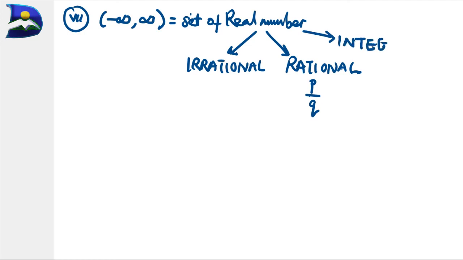For irrational numbers, we can't express them as P over Q. Examples of this include the following: we have pi, we have e, and any square root of a number, like the square root of 2, that won't give you an integer but will give you a decimal. Anyways, those are many things to keep in mind when it comes to irrational numbers and how they are different from rational numbers.